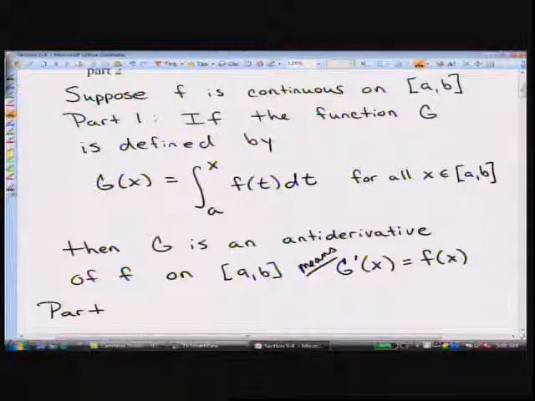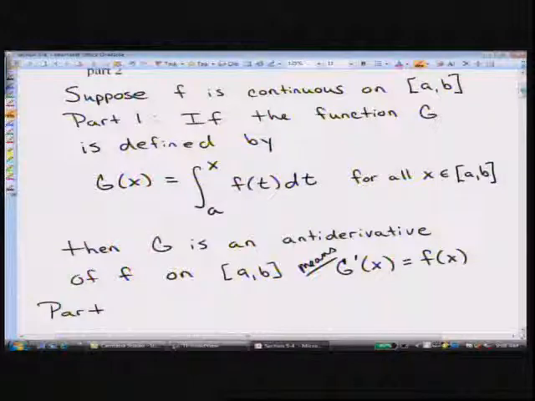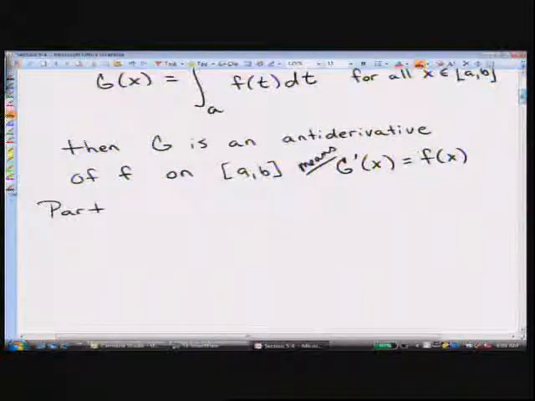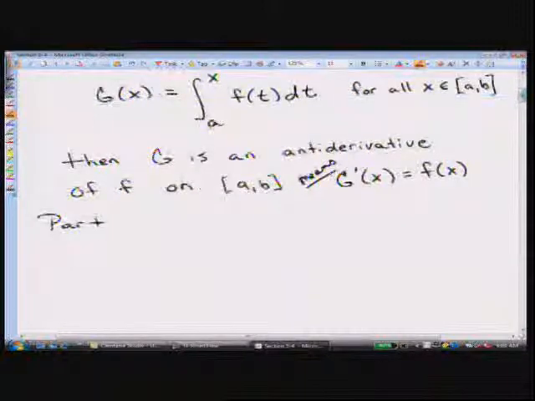So if you were to take the derivative of this function, g of x, you're just going to get the little f inside right here. Does that make sense? It'll make sense, probably more sense with an example. Yes, thank you. But basically, you take the derivative of this, you get that. That's what they're saying. Okay, with an x. And you may have to use a chain rule. We'll look at some examples in a second.